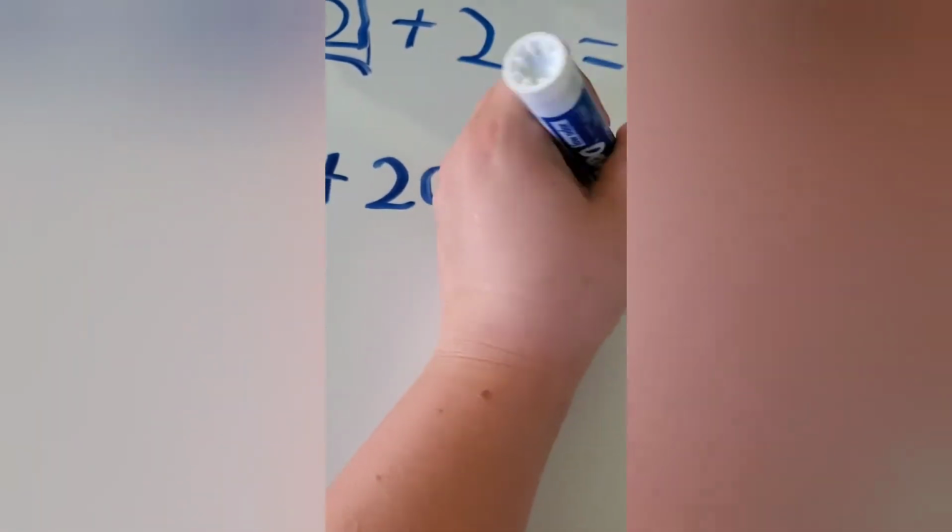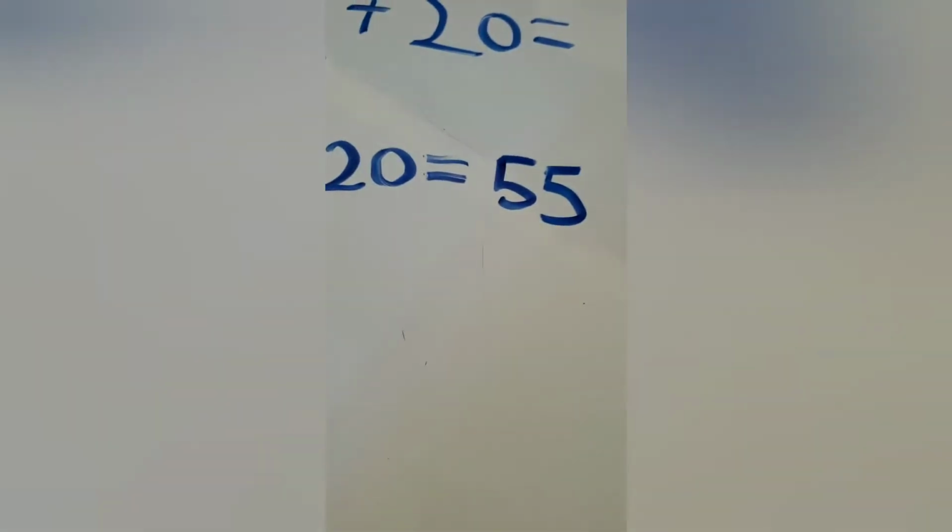So, I'm going to solve this mentally, okay? So, let's see. 35 plus 20. I know that 20 is 2 tens, so I just have to add 2 tens to 35, right? So, 35, 45, 55. The answer is 55.